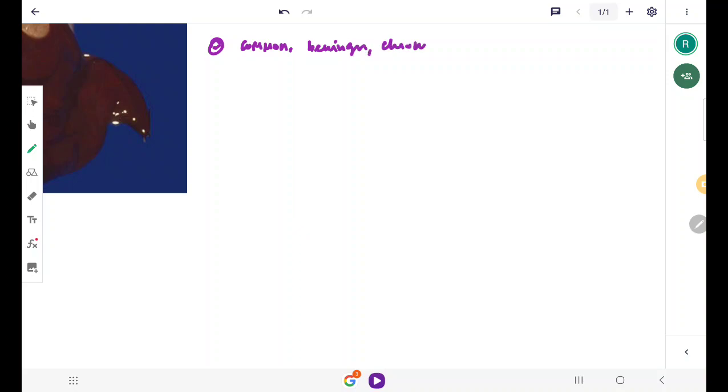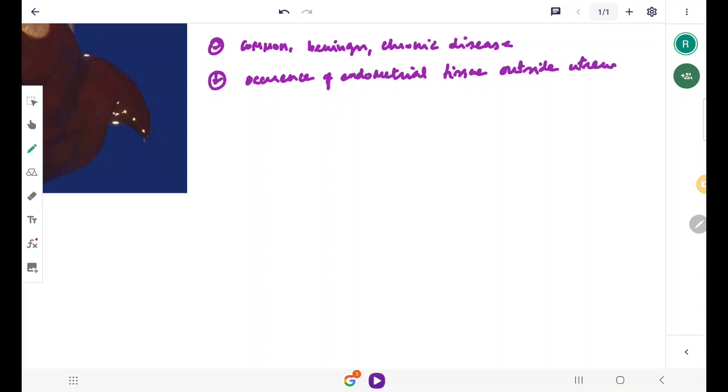Endometriosis is caused because of the occurrence of endometrial tissue outside the uterus. The age of onset is between 20 to 40 years, and this is often asymptomatic, so it is often found incidentally.